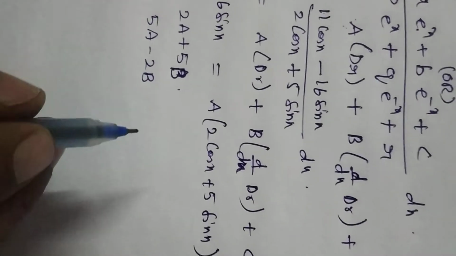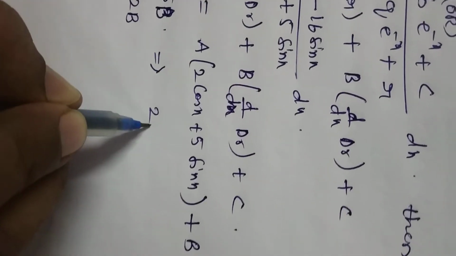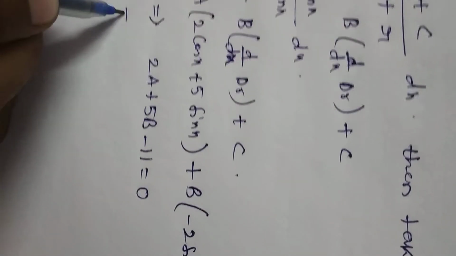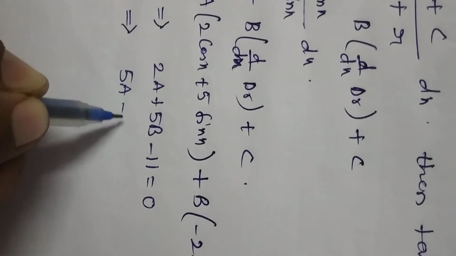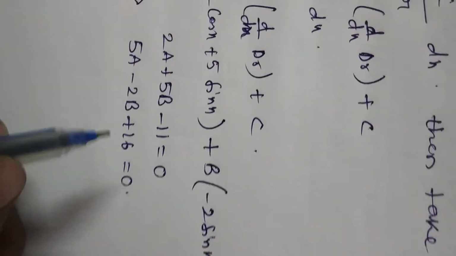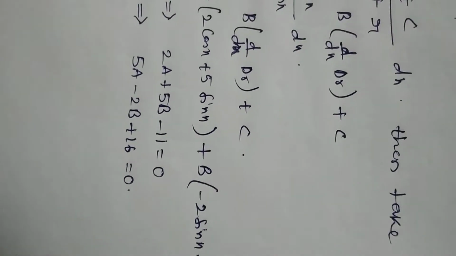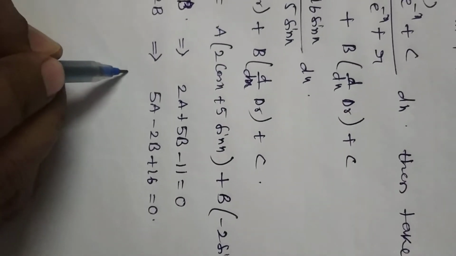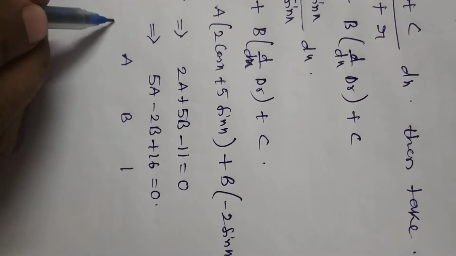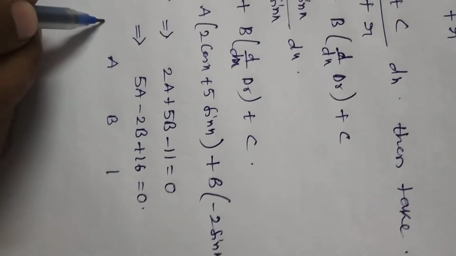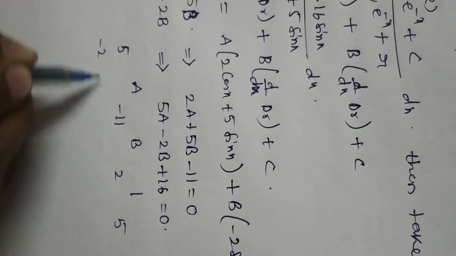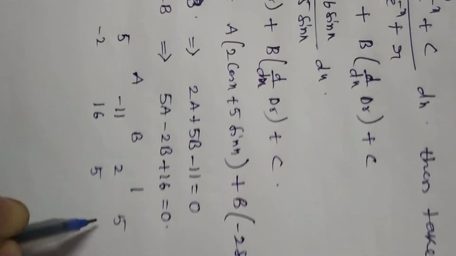So let us convert it properly. 2a plus 5b minus 11 is equal to 0, and 5a minus 2b plus 16 is equal to 0. Solving these two equations we get the values of a and b, by the cross multiplication method. So a, b, 1 I will write. Next 5, minus 11, 2, 5, minus 2, 16, 5, minus 2.